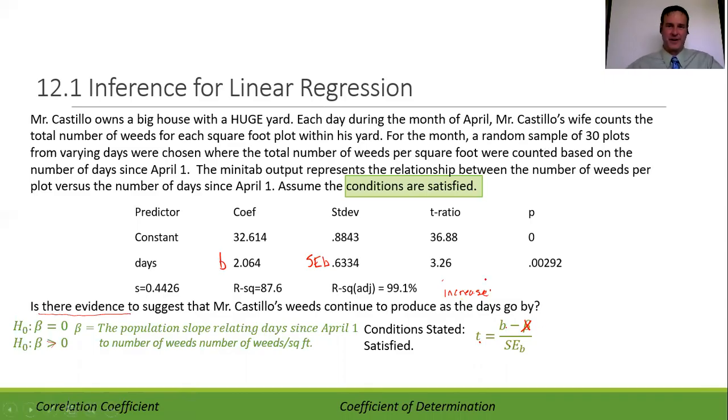I know you know how to do it, but notice this next column off to the right here: B over SEB is 3.26. If you divide those out, just like you think you would, this divided by this, it does give you 3.26.